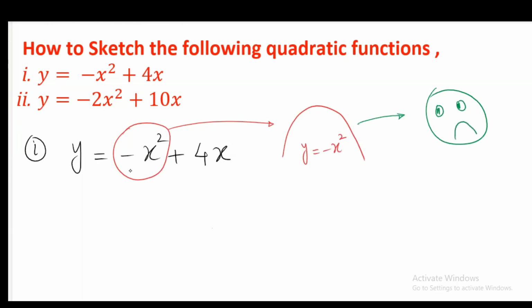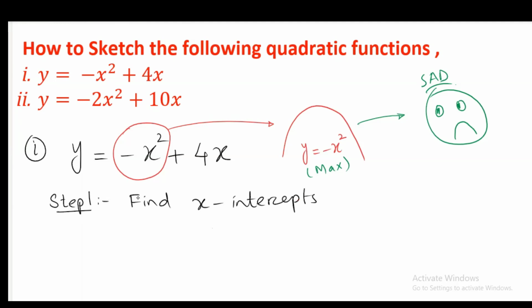So step number one is to find the x-intercepts, by putting y equals 0 in equation number one.